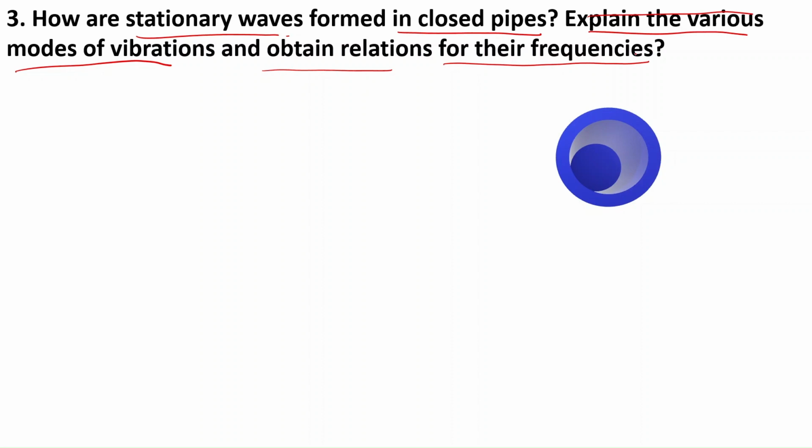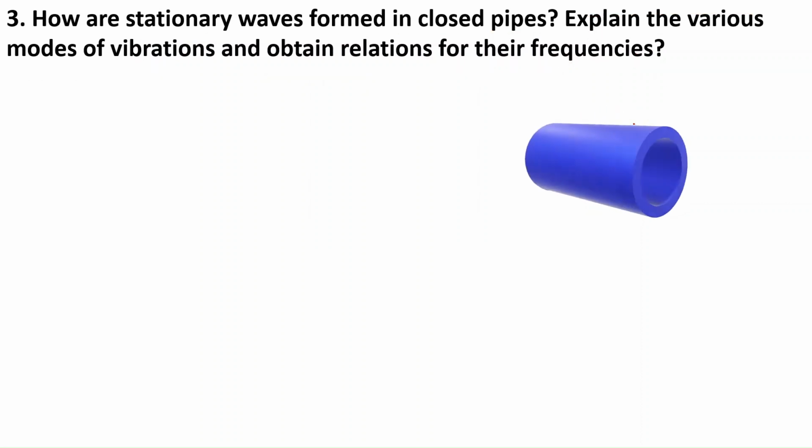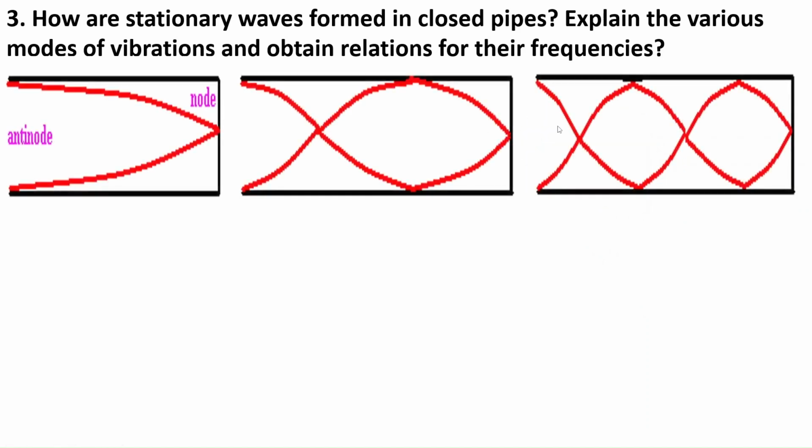Now see the closed pipe. Here this is the open end, and if you see the backside, here it is closed. At this closed end we get a node. Here we get one node and one antinode. Here 2 nodes and one antinode.